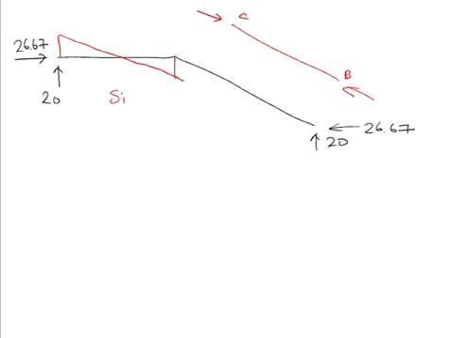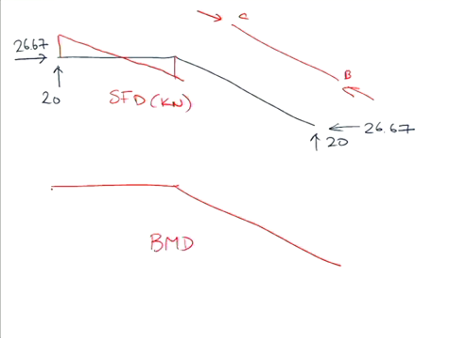So there's my shear force diagram, and thus my corresponding bending moment diagram here. Well, simply, we have a positive shear force, it's a downward slope, a negative shear force, it's an upward slope. My bending moment at my pin support is 0, my bending moment at my internal pin is 0.